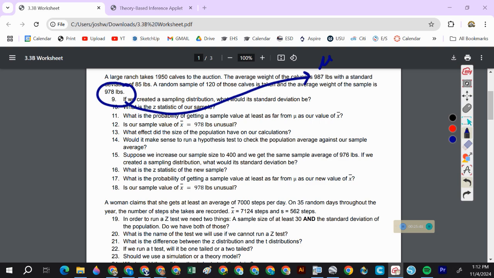So if you've already weighed every single cow, does it make sense to weigh some of the cows to check to see if the original weight of all of the cows is correct? No. Okay? So this number is not going to disprove that number because the 987 is true. That is the population parameter.